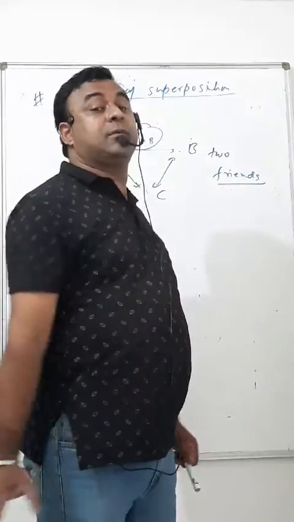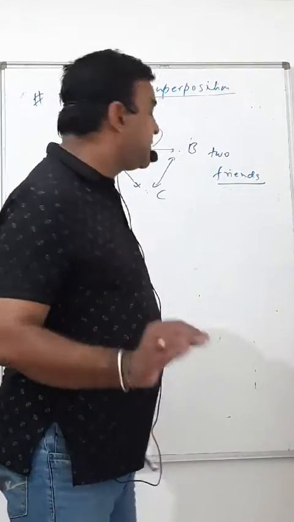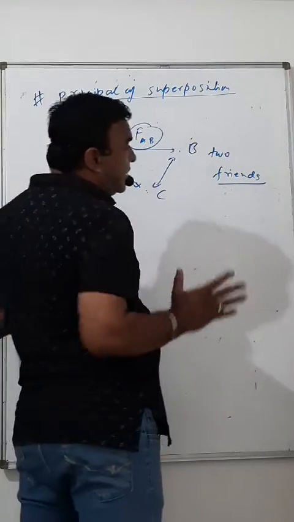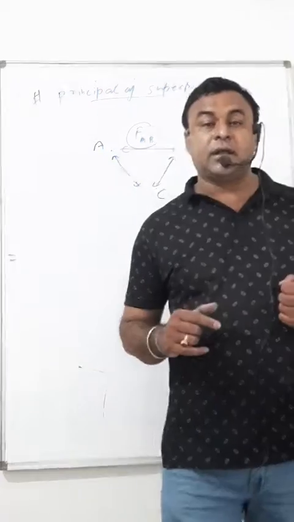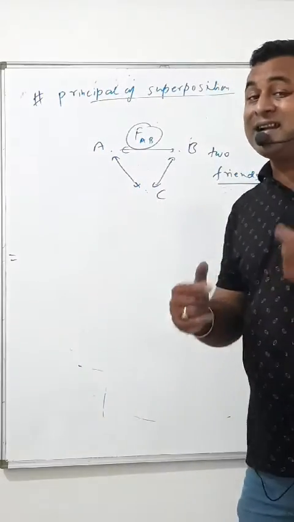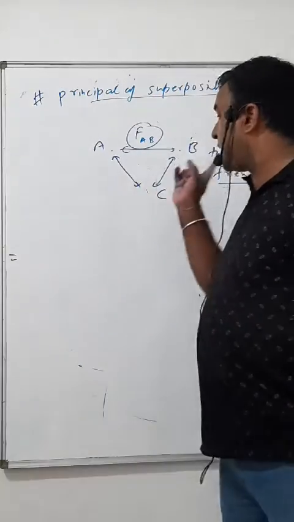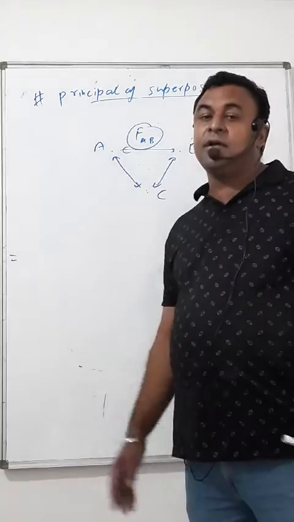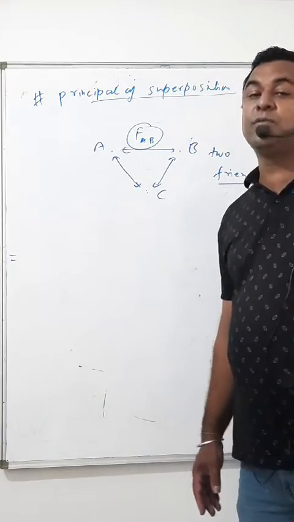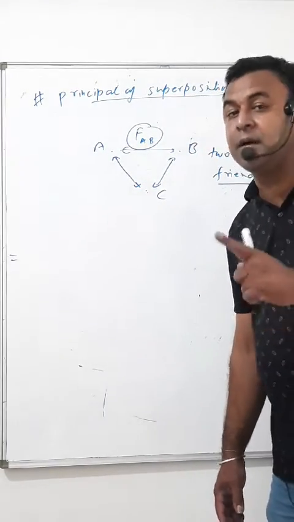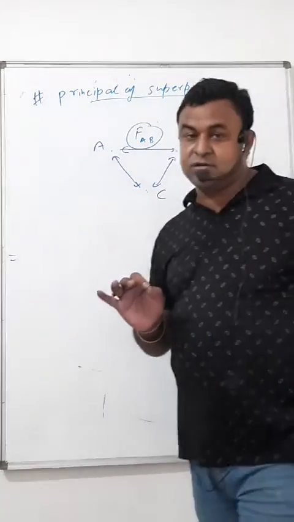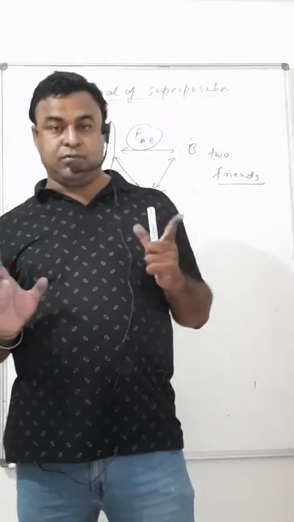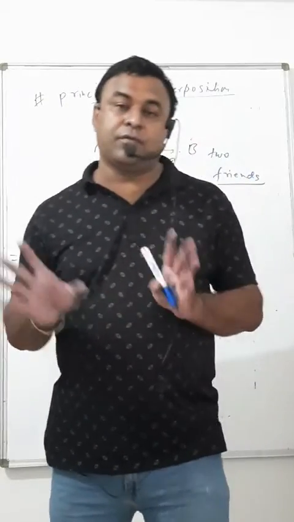Now, what is the principle of superposition? Look carefully. If there are two entities having some interaction between them, and a third entity enters and doesn't change the interaction between those two, then we say the superposition principle can be applied. In the previous case, Q0 interacting with Q1 had force F01.